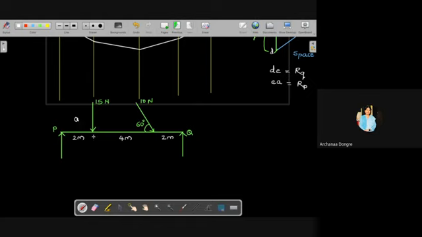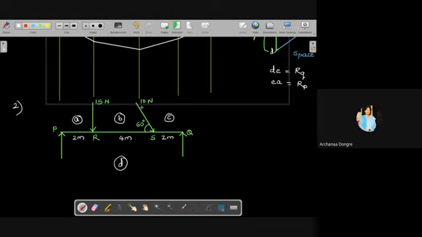So let's call it PQ, R. Sorry, Q is here only. So let's say R and S. So let's name the spaces A, B, C, D. Now here, because it is an inclined load, there will be some reaction, right?